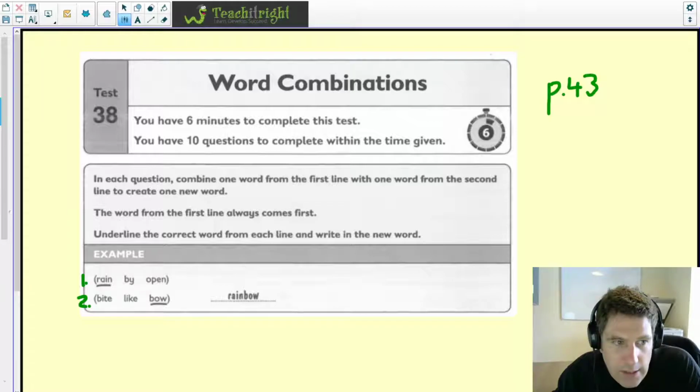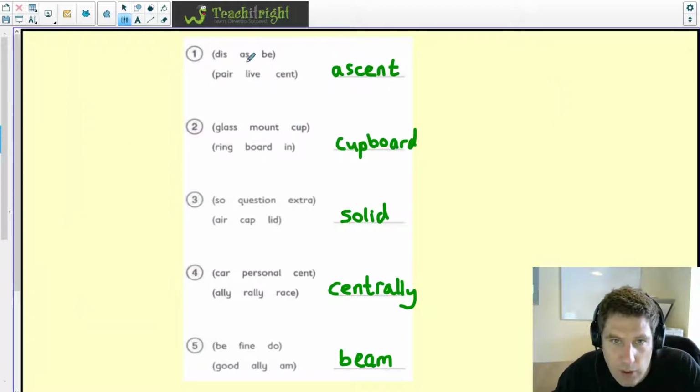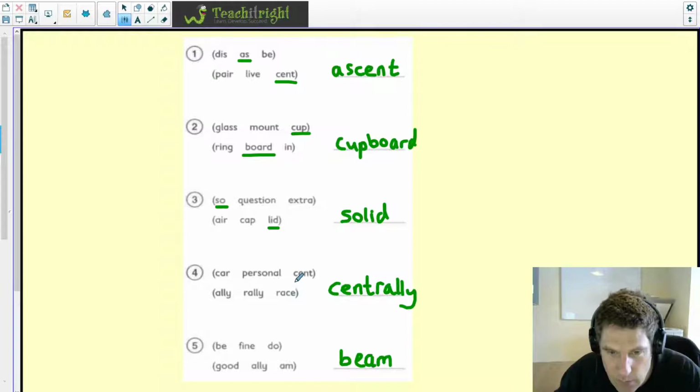So let's look at the first 5. So we've got ascent, is your first compound word. Then we've got cupboard, so cup and board. Solid, so and lid. Centrally, that's not such an easy one, so cent and rally. And then we've got beam, we've got be and then am together.